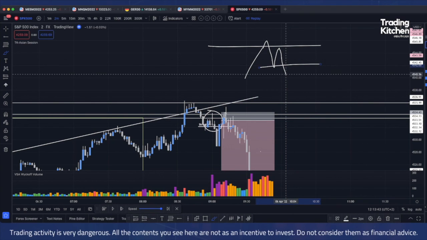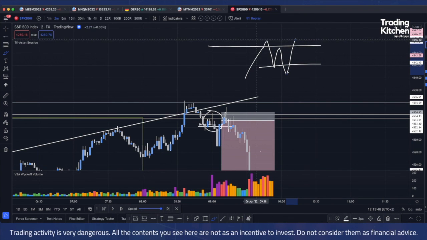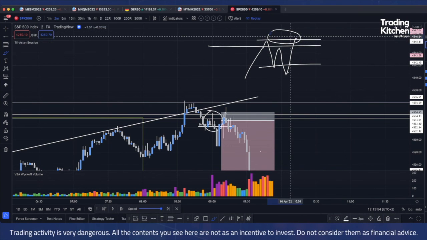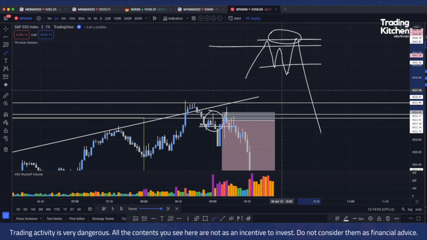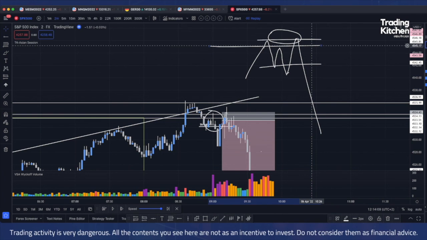And what do they do? Just 2 pips here, taking all the stop losses here, and then finally made a huge movement. So this is something that is going to happen frequently during the last year. So be very careful.